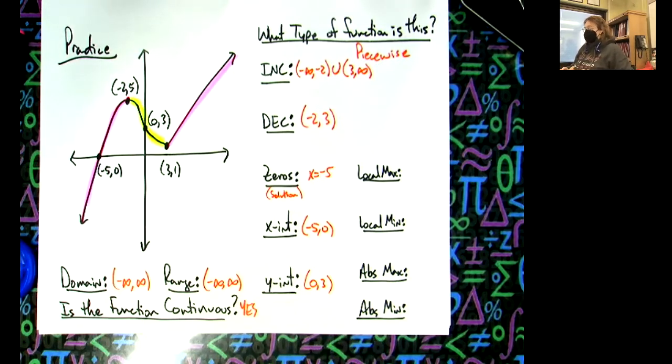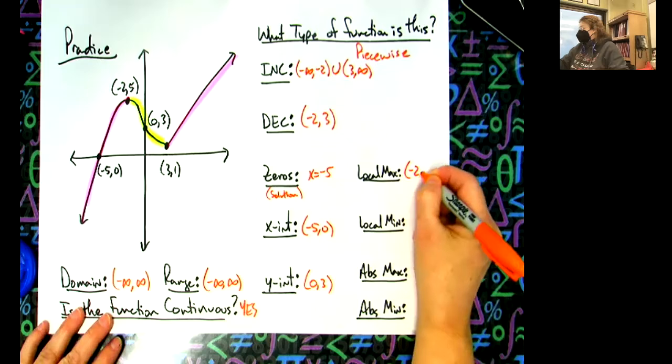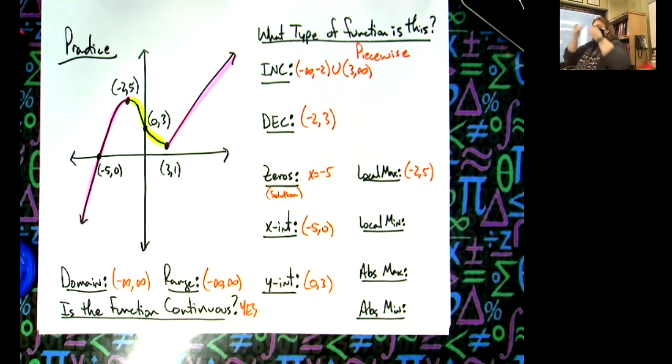All right, so local max. What's the local max? (-2, 5). Local max is (-2, 5). And just writing them as ordered pairs, knowing that I could have said, where is the local max located? It's located at x equals -2. I could have said, what is the value of the local max?